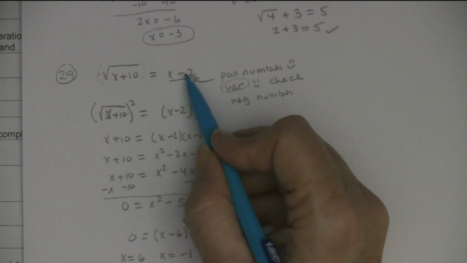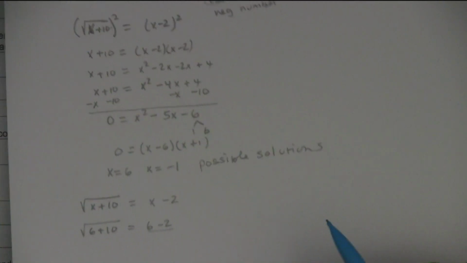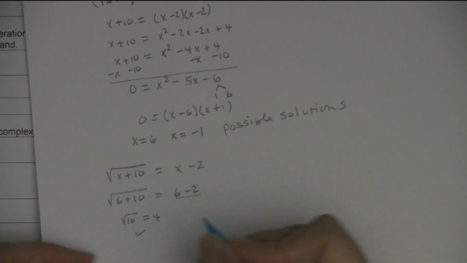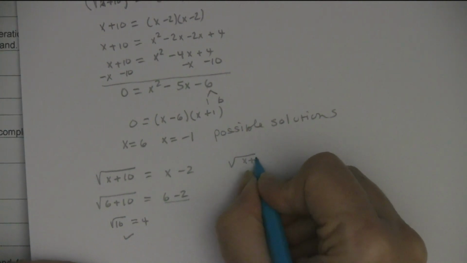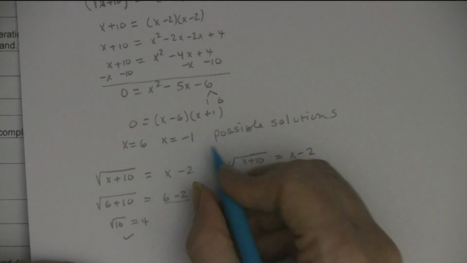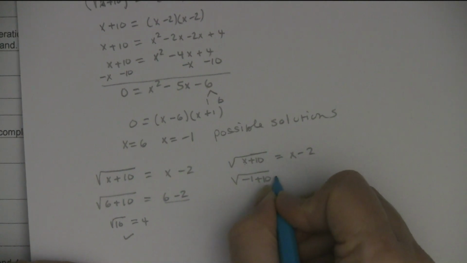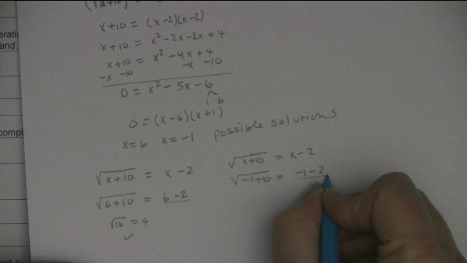And I had x minus 2. I didn't know what x is. Now you tell me x is 6. I know it's a positive number. And you see that it does, because the square root of 16 does equal 4. Whereas the other one, when I check it, x plus 10 equals x minus 2, and I put in x is negative 1 in both of these spots, now I see, oh, this was a negative number.